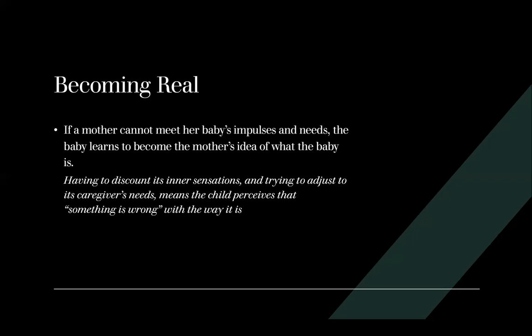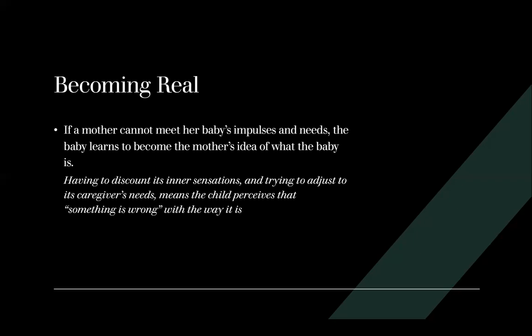So if a mother or caregiver can't meet their child's impulses and needs, that child learns to accommodate the mom. So if I'm not being listened to in this, I'm going to figure out how I can get the most attention to get my needs met, or I'm going to change my perception of what my needs are.